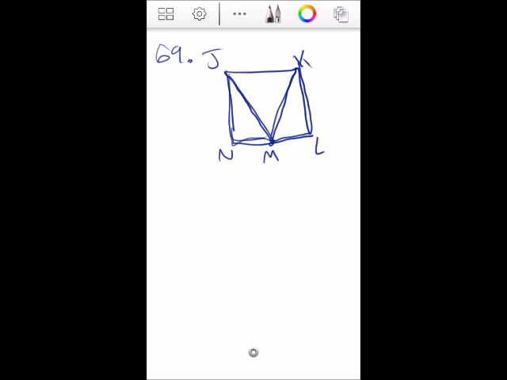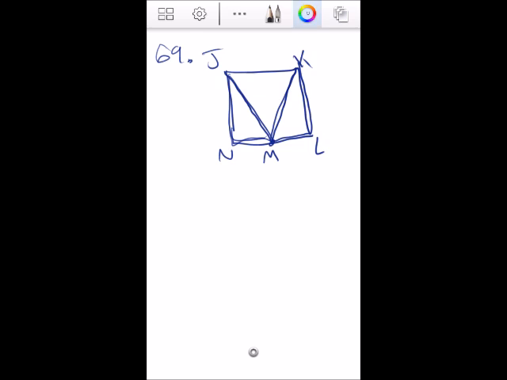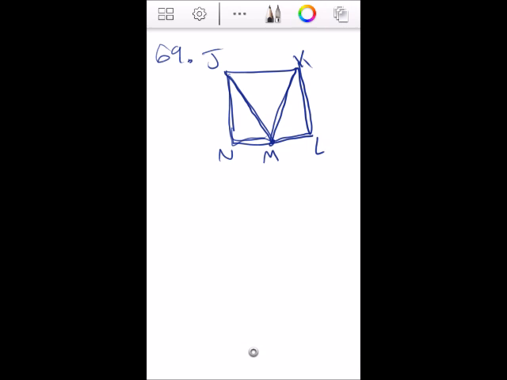So let's break down the information they gave us. The first thing they said was that JKLN is a square. Well, if that's true, that means that this side and this whole side, which I'm not going to do anything with, and this side are equal to each other. And then it said that M is the midpoint of NL.